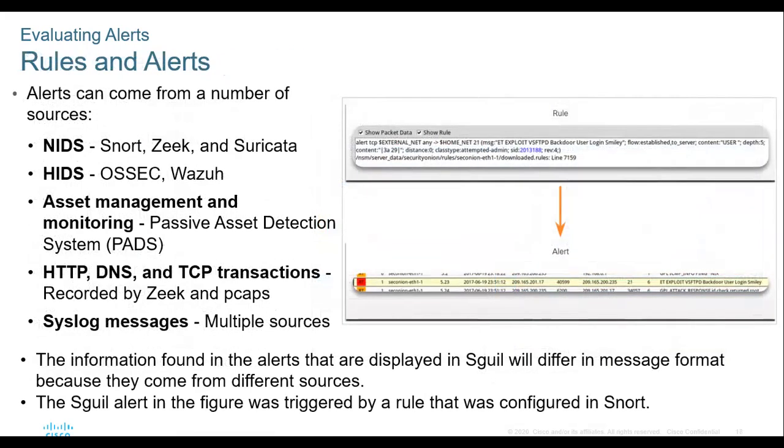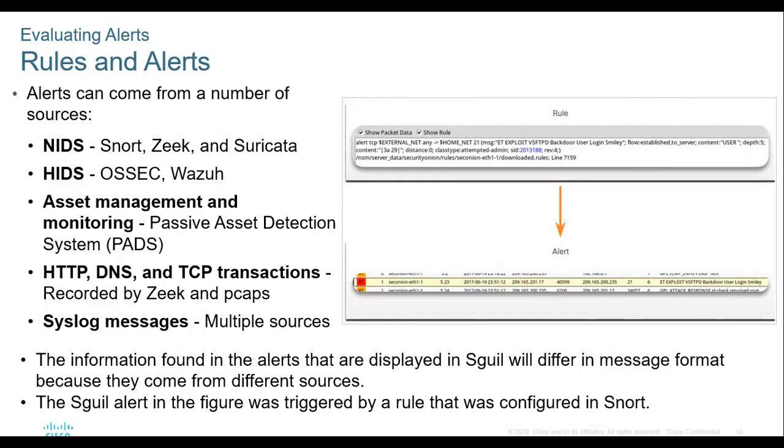Okay, so let's look at rules and alerts. Alerts can come from a number of sources, just like we've mentioned earlier. So let's look at some of these sources. The NIDS. With the help of NIDS, what can you use in the Security Onion suite to investigate or analyze is what we've mentioned earlier, Snort, Zeek and Suricata.